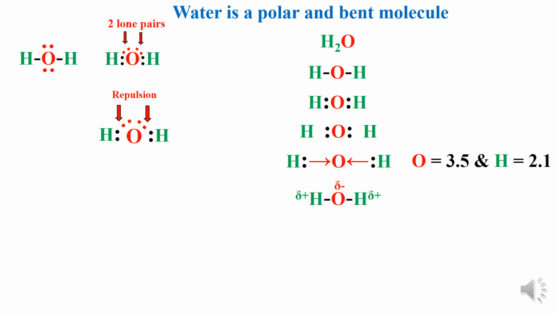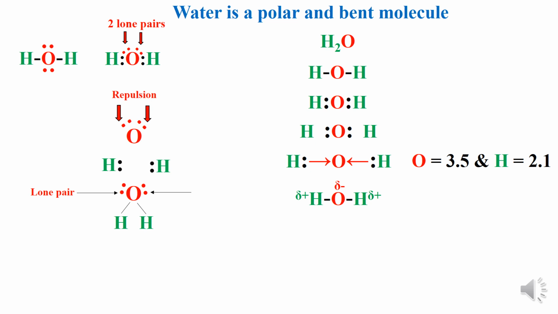As a result of this repulsion, the two bonds are pushed downwards in an attempt to minimize the repulsion. And that is how the water molecule gets the bent shape or a V shape.